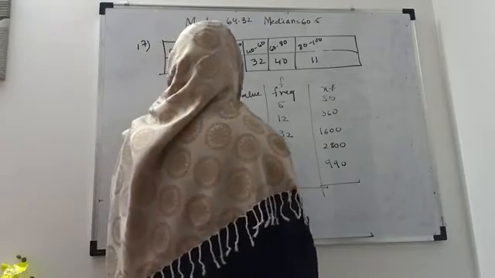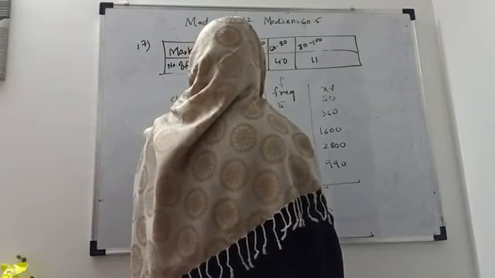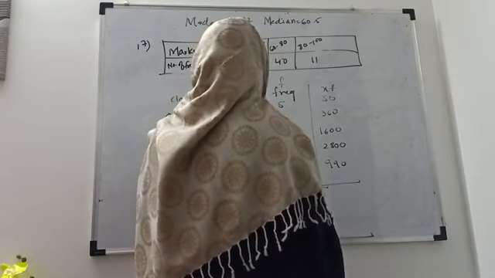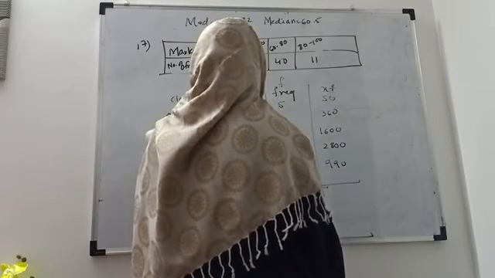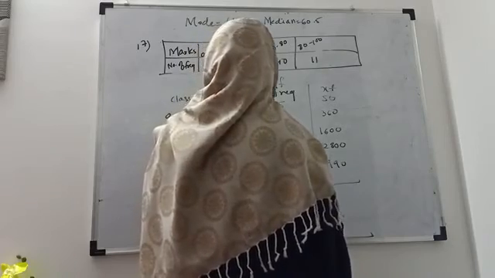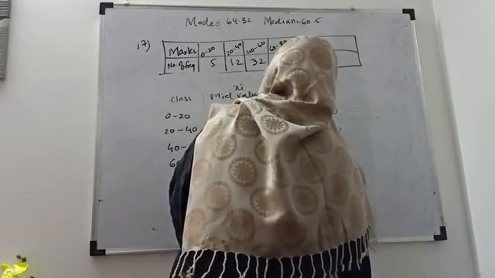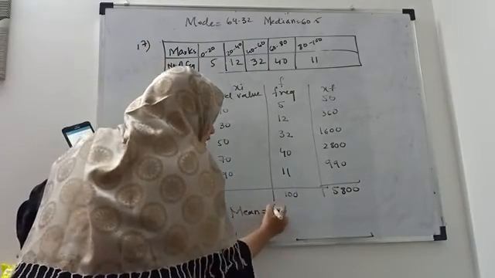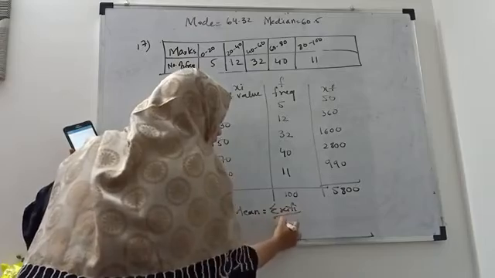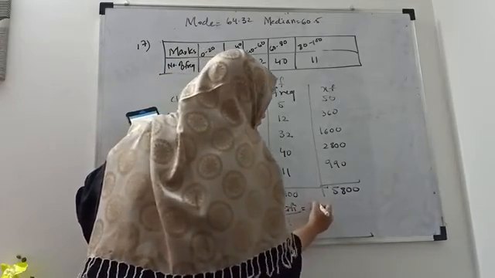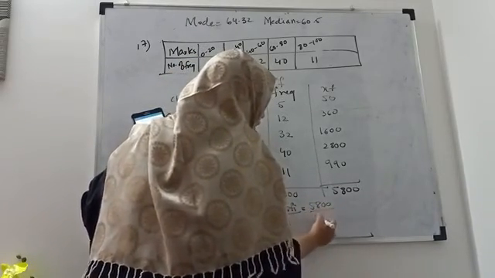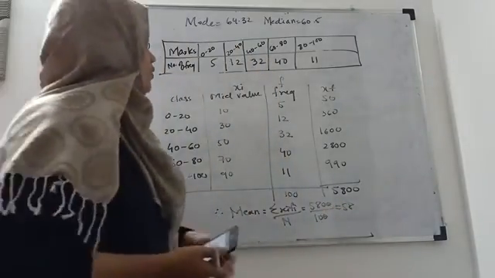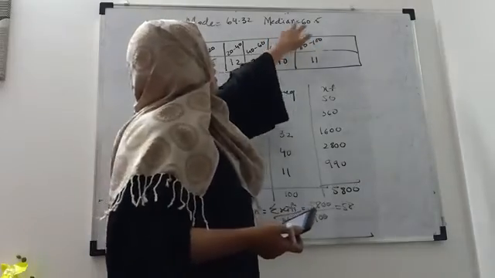So 50 plus 360 plus 1600 plus 2800 plus 990, 5800, right? Therefore the mean is equal to summation of x i f i upon capital N. So summation of x i f i is 5800 divided by 100. Answer is 58. So the mean is 58, median is 60.5, and mode is 64.32.